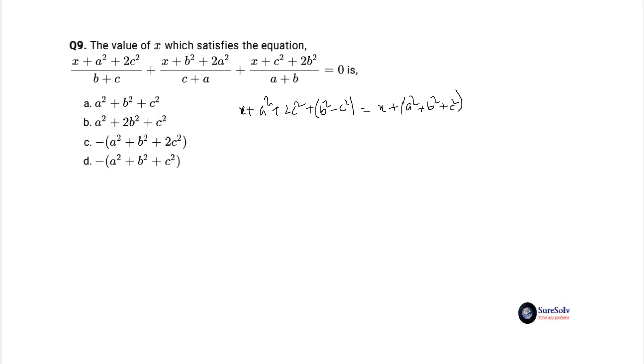And we would get this result if B minus C is added to the first term. That is, X plus A square plus 2C square divided by B plus C, plus B minus C, equal to X plus A square plus B square plus C square divided by B plus C.